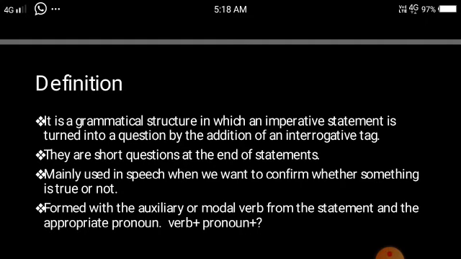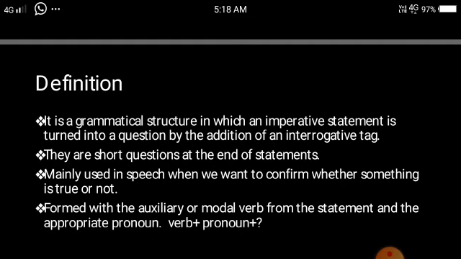Now, I said, how do you form a question tag? I made the statement that you have to form it by using an auxiliary or a modal verb.